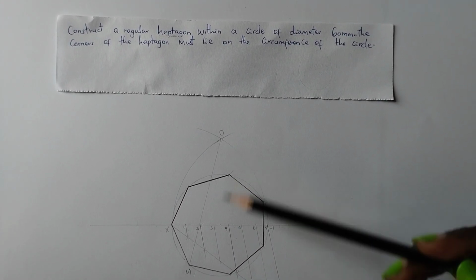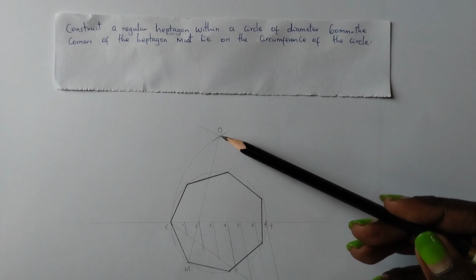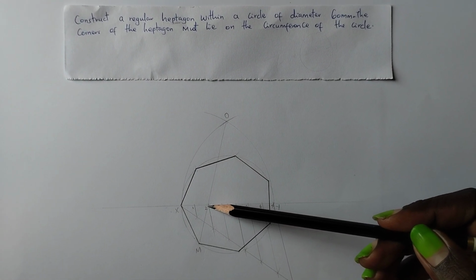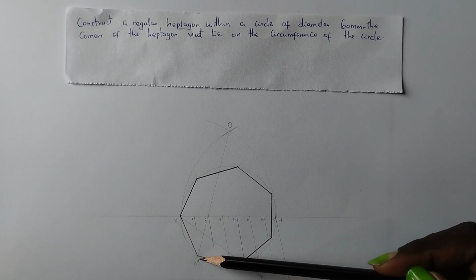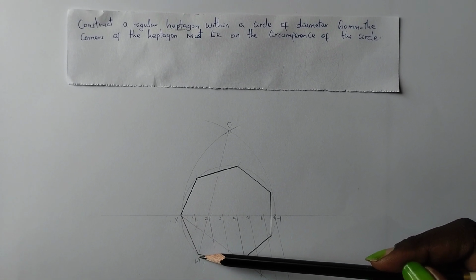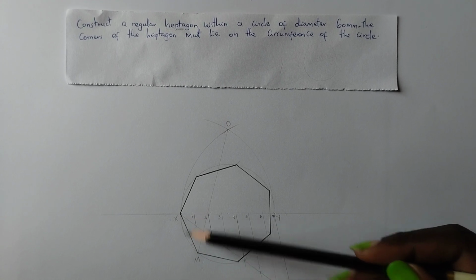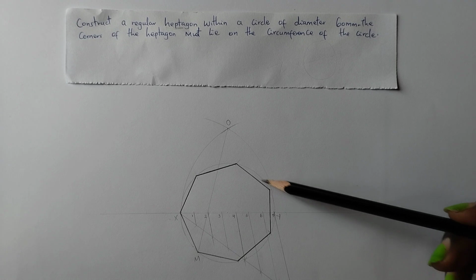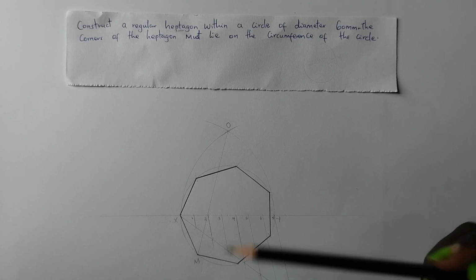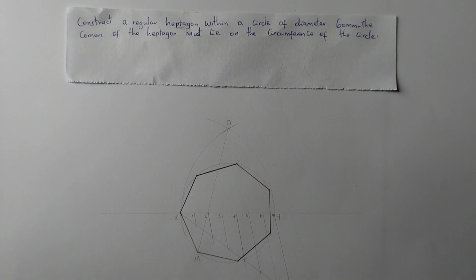We made the arcs from point X and Y to meet at O, projected through point 2 to touch the circumference at point M. So XM gave us the length of one side of our heptagon, and using that length of one side, we divided it along the circumference. This is our required heptagon.